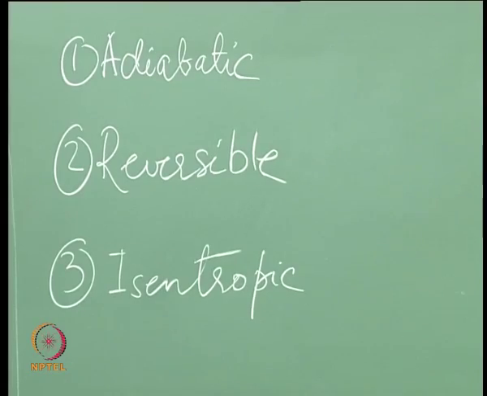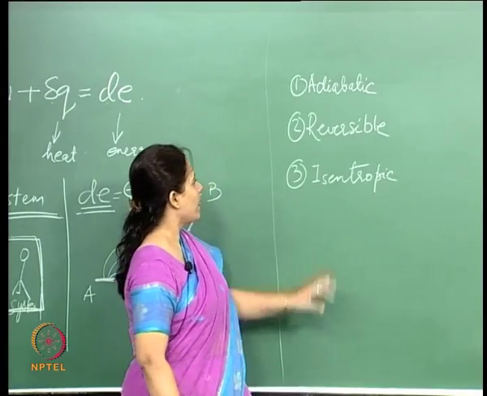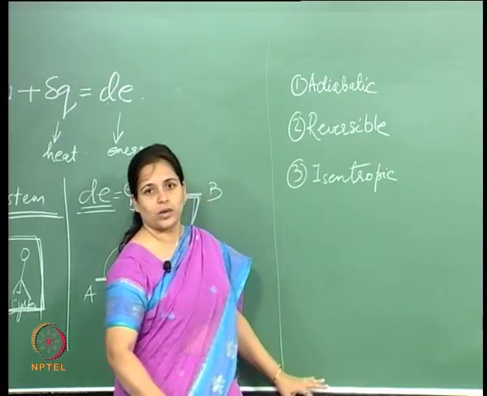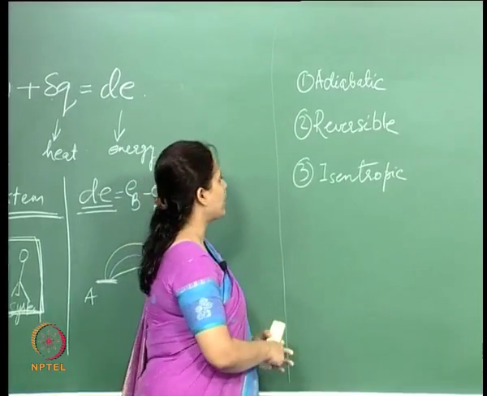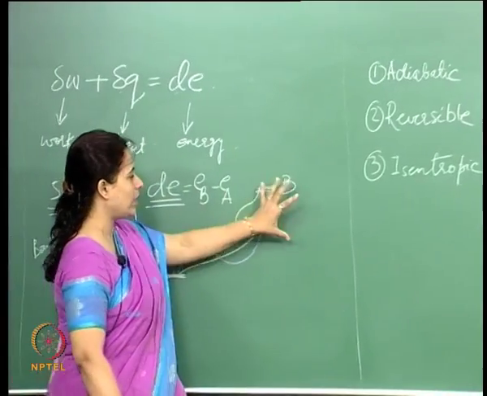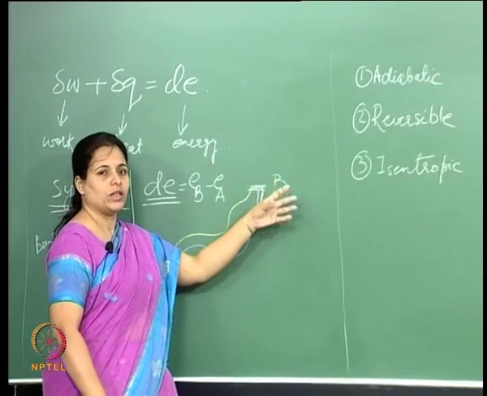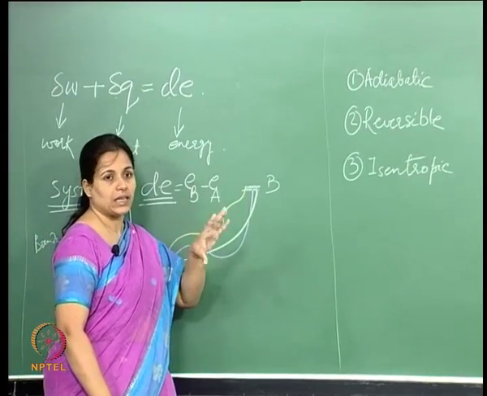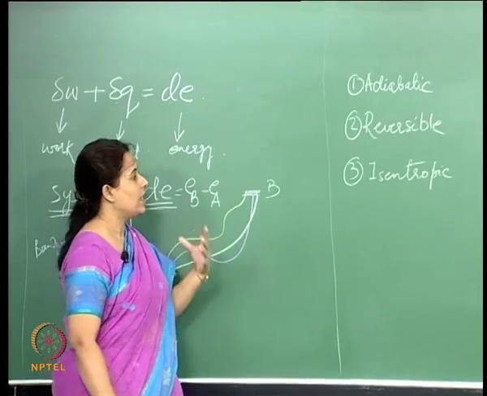Now, an adiabatic process is one where the net heat supplied to the system is 0. A reversible process is one where you take a process from say A to B, and then you are able to bring back the system exactly to its original state. It goes from one state to the other and comes back exactly to the same state, that is reversible.